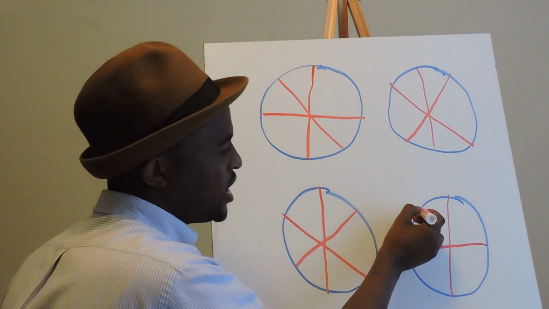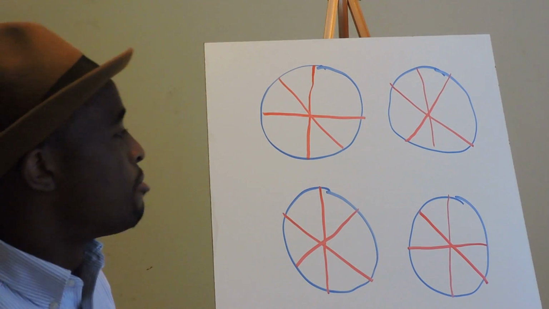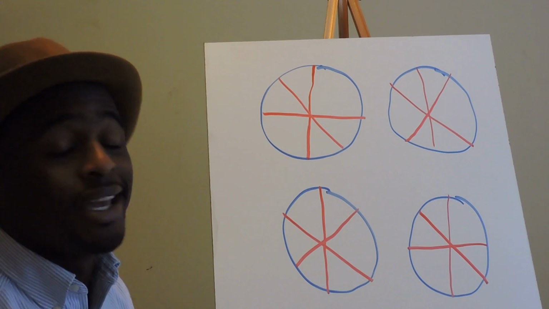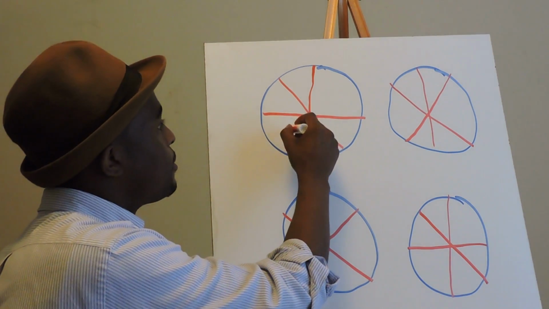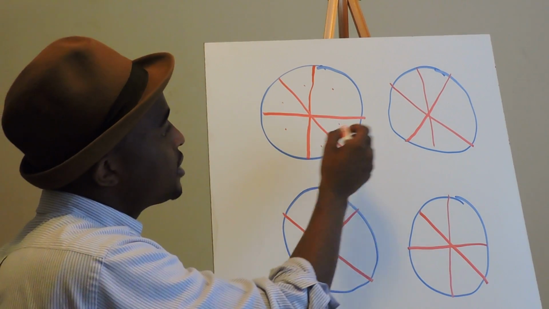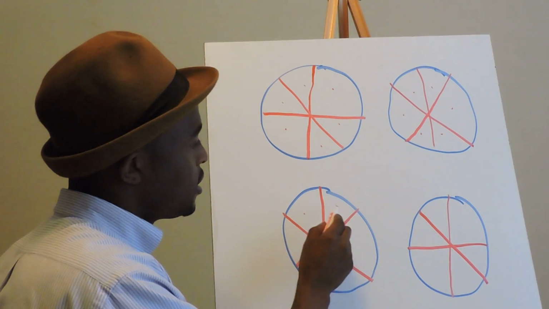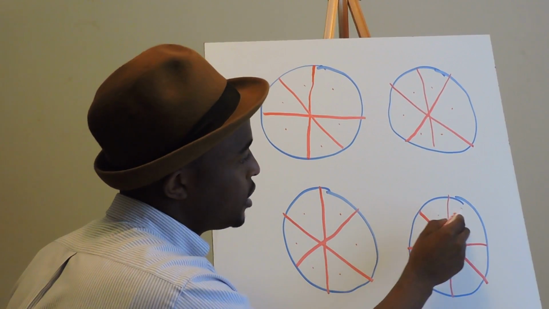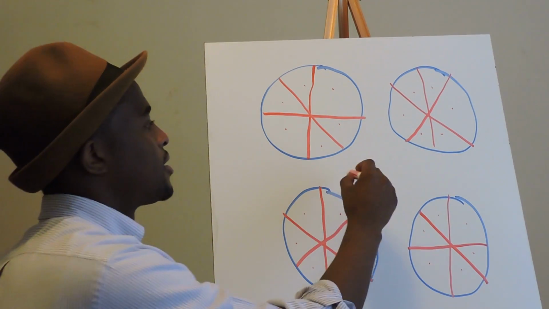They're not totally equal, but that's because I'm drawing it, so it's not going to be perfect. But if he does divide each of those 4 pies into 6 slices, we'll have 24 slices.